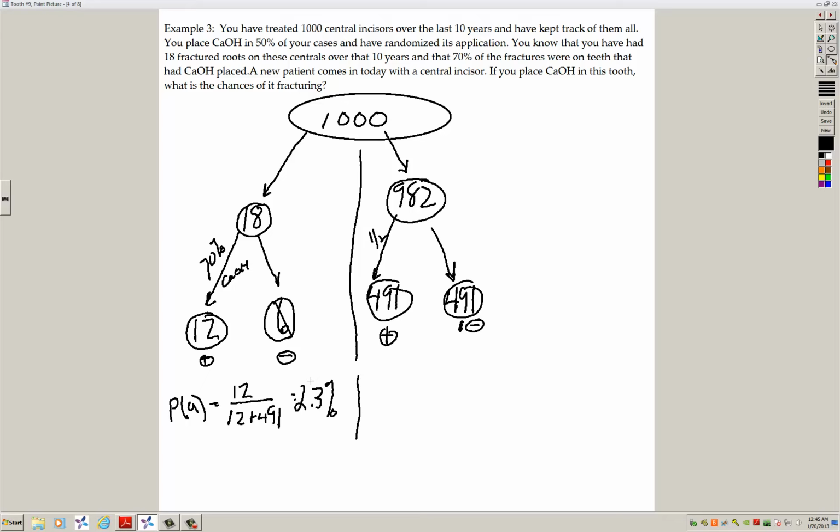Let's ask maybe a more interesting question. What is the probability of a tooth fracturing if it doesn't have calcium hydroxide put in it? What is the probability of an event happening: the number of events where it's true, which is 6, over 491 plus 6, and that equals 1.2%.